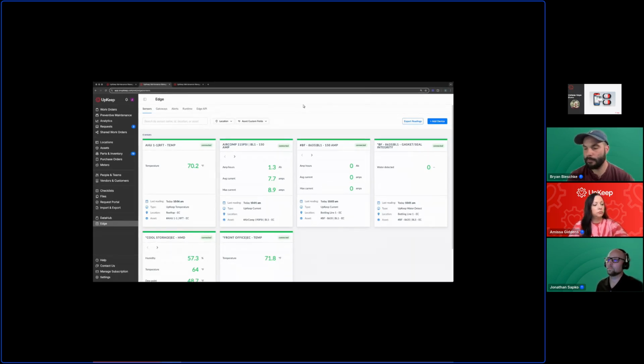That is manual condition-based maintenance, right? So we're talking about automating that right now with sensors that Upkeep provides. And the sensors are already integrated into Upkeep. So when we say sync to a meter within Upkeep, it's exactly what we're talking about.